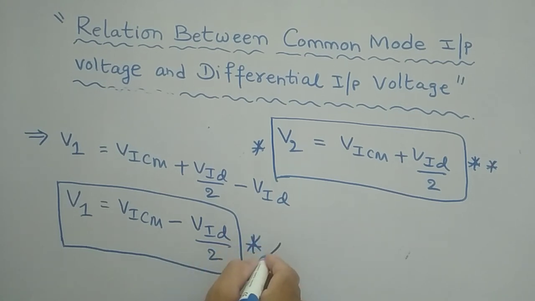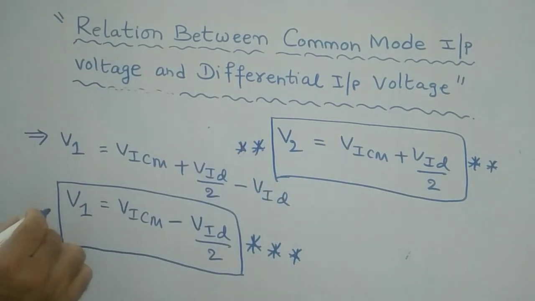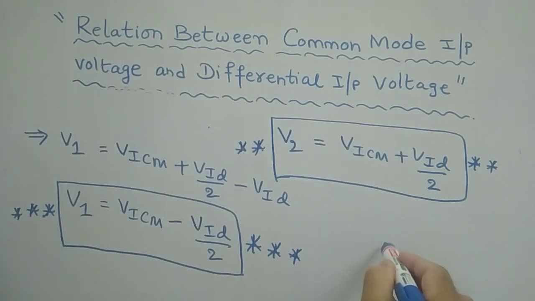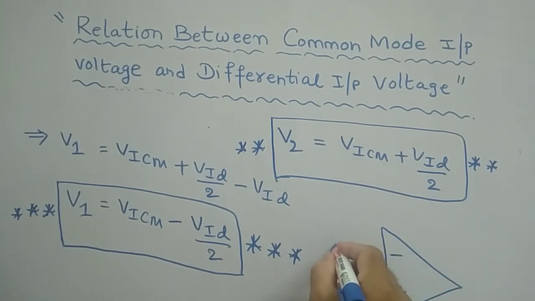By these two equations, what I want to convey is, let us see, I can compare these two by drawing the op-amp diagram. So this is your V1, and here I denoted V2, right?